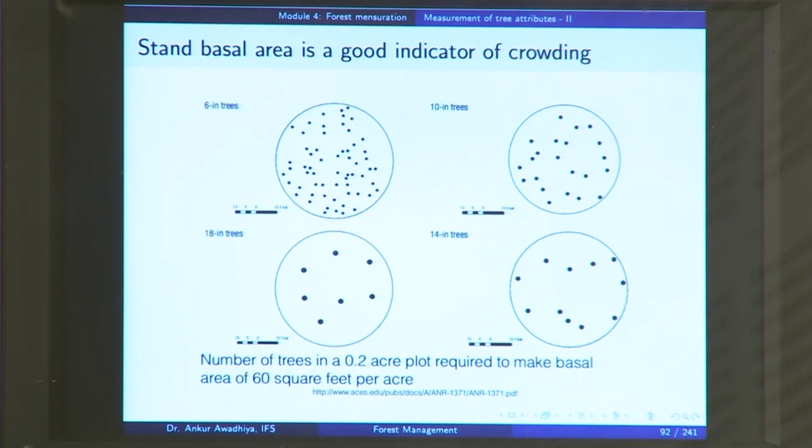So, stand basal area is a good indicator of the crowding of your stand. If you want to have a look at whether you have crowding or not in your stand, you do not go with the number of trees per unit area, you go with the stand basal area and you compare it with a standard.